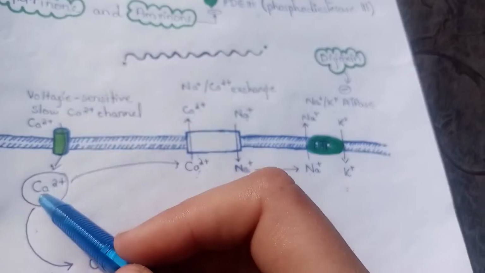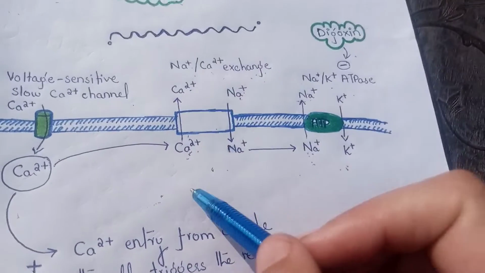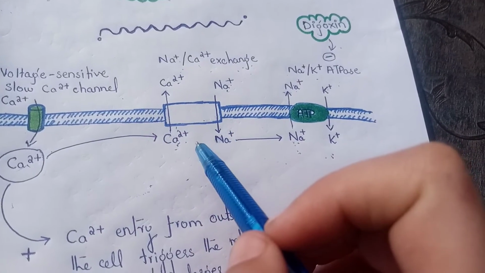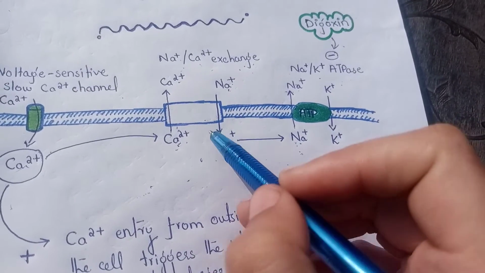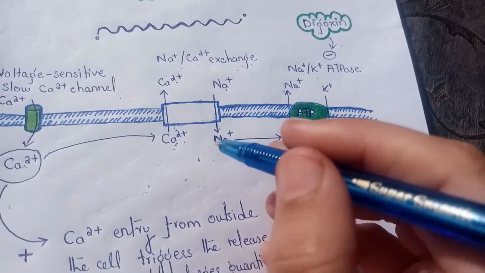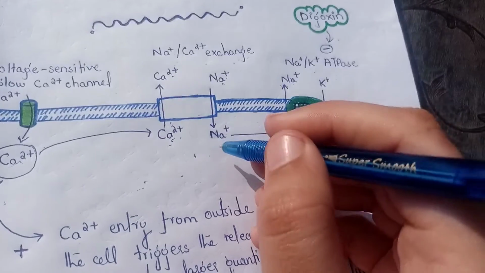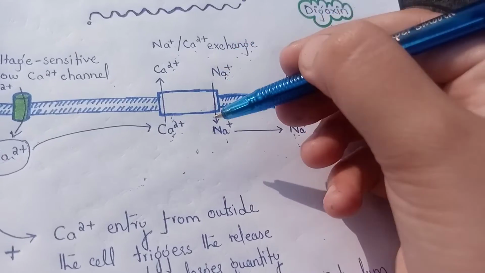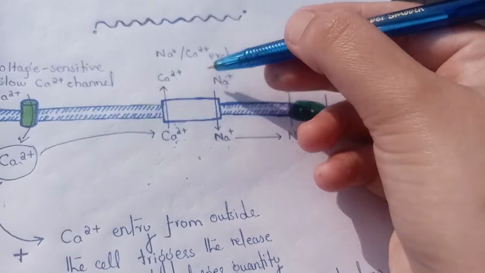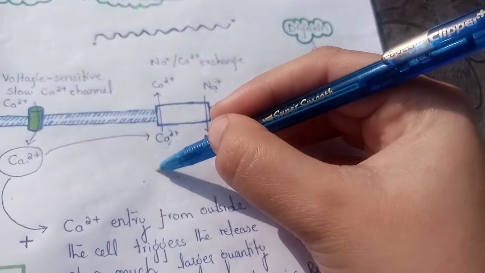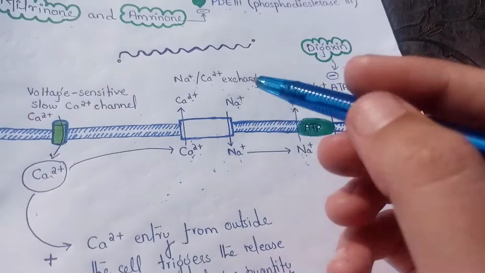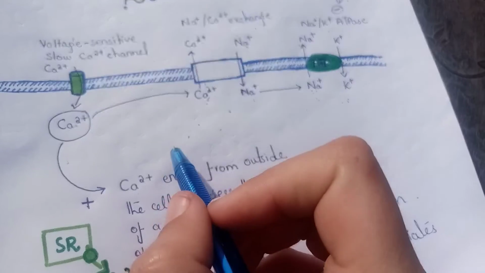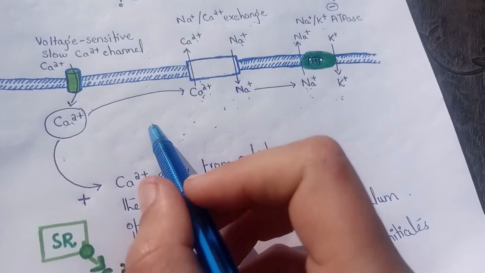Here the calcium is coming, but it can't leave, because there occurs a reversal of the exchanger, as the sodium concentration inside the cell is now increased. The sodium will exit and the calcium will enter into the cell.